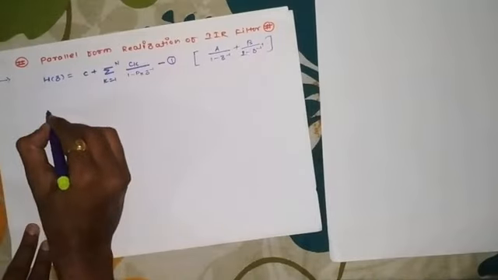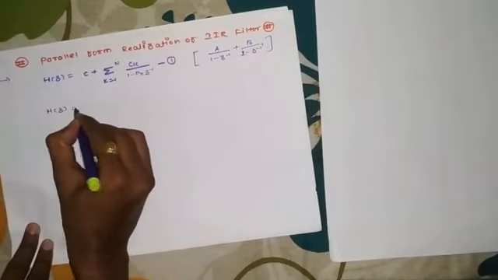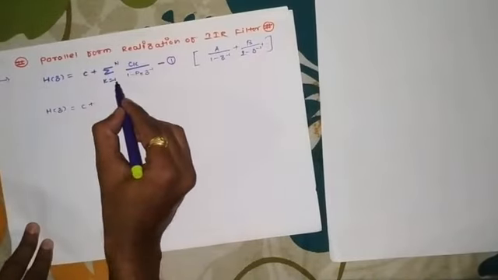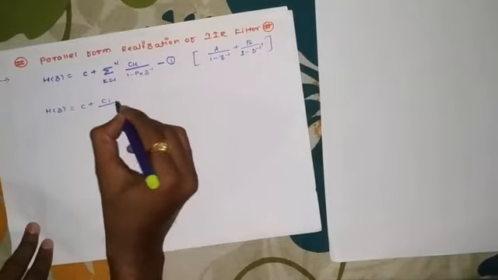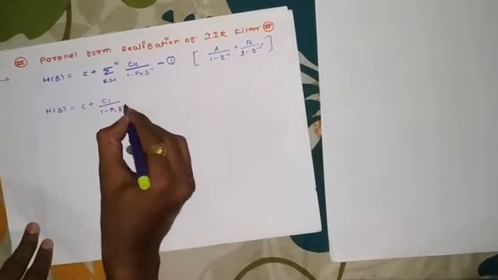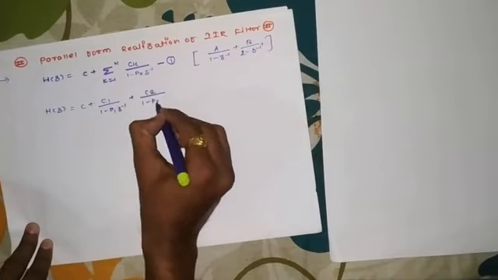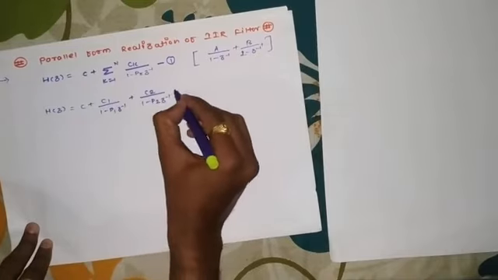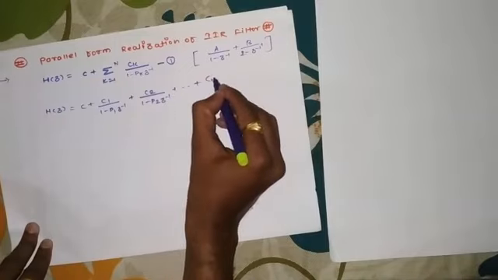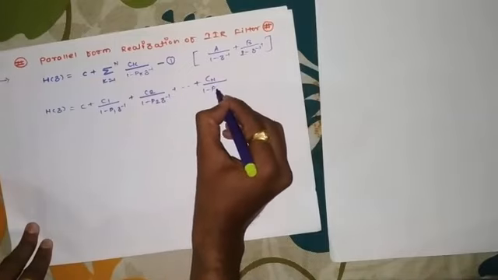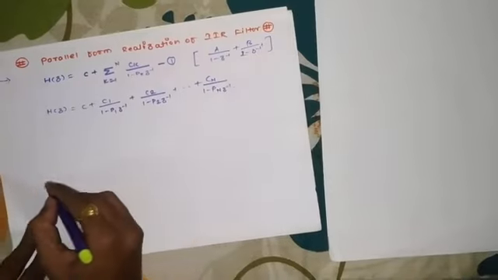Now we'll try to simplify this equation. So I can get this as C, and simply we'll put the values from 1 to N. We'll get this term as C1 upon (1 - p1 z^-1), first whole coefficient, plus C2 upon (1 - p2 z^-1), plus so on to the last term, if we consider this is CN upon (1 - pN z^-1).